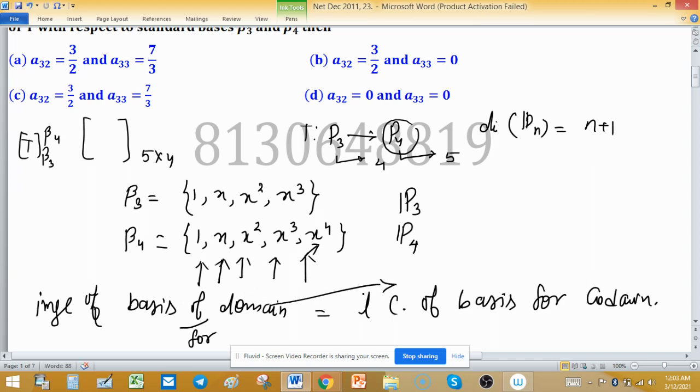So write the image with the help of the codomain basis.